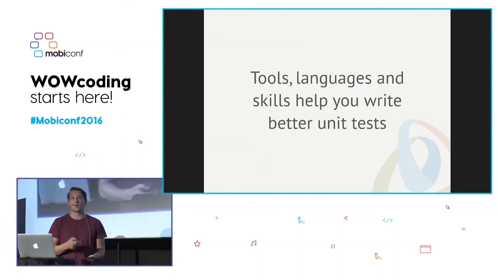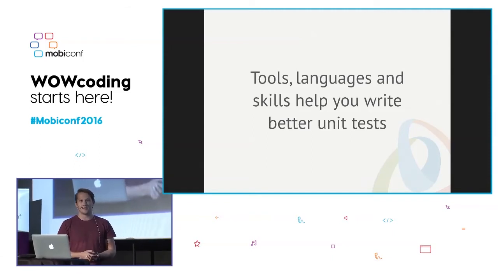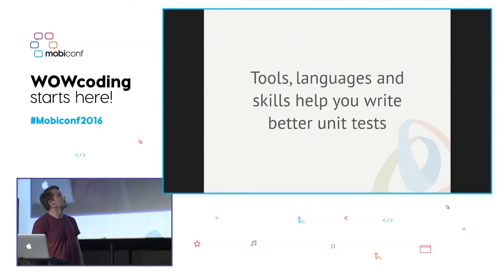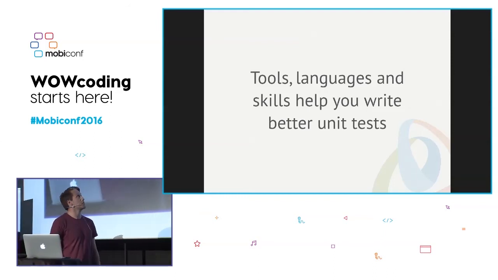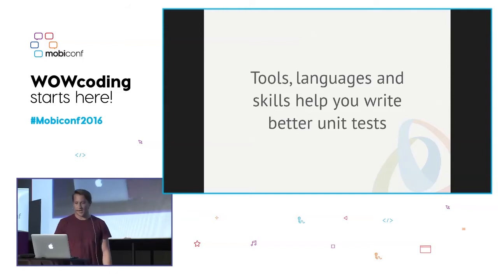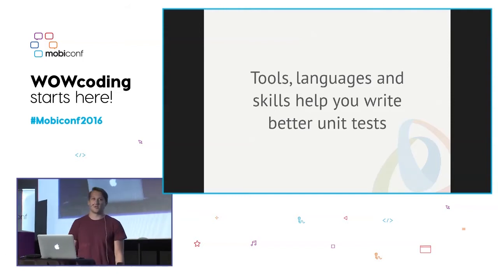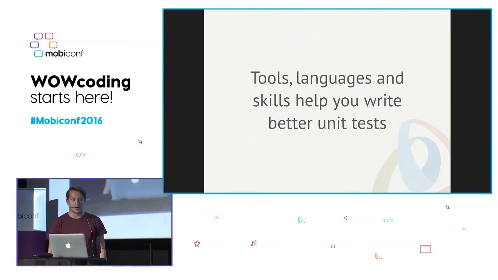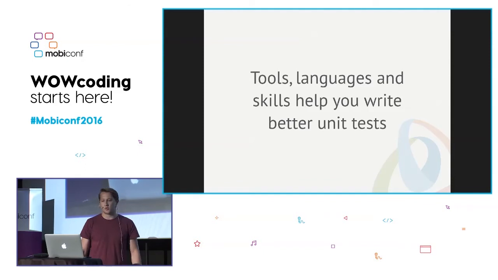We have Groovy, we have Java, we have even Kotlin now, a really hyped language from our JetBrains team. That's really cool. And we have skills. Skills are something different. You have to have skills to write better unit tests. You can learn from other skilled guys, but it's something that you cannot read in books, I think.